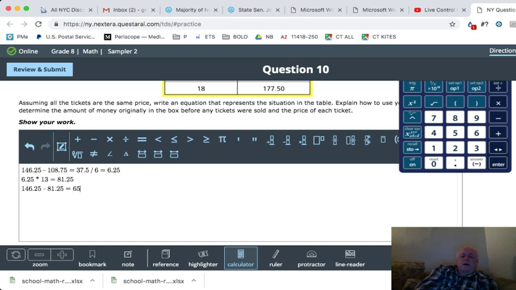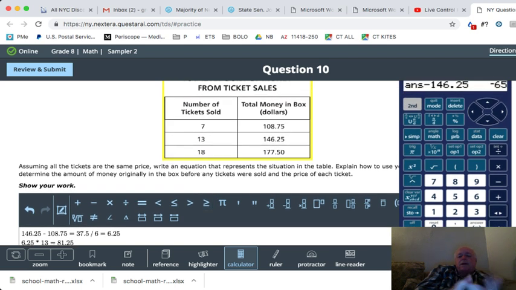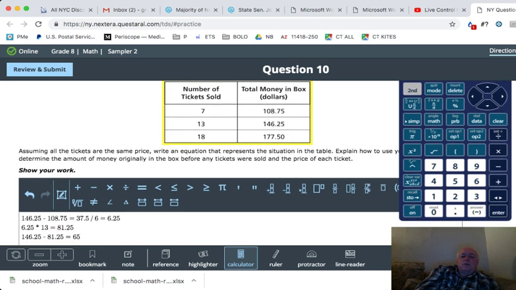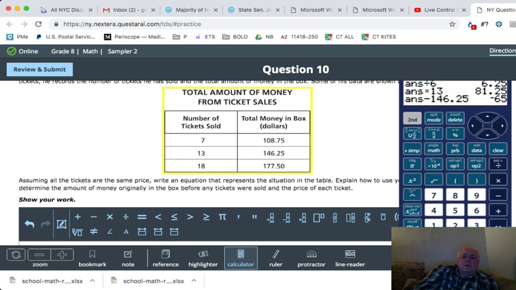Okay, 65. So what we're going to do is feed that back in. So we have $65 with the original money in the box, and $6.25 was the other things. I'm going to double check it with, say, the 18 number. So I should be able to get $65 plus 18 times 6.25 should be equal to 177.50, and that'll double check that the numbers are right.